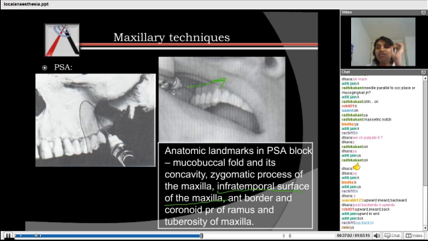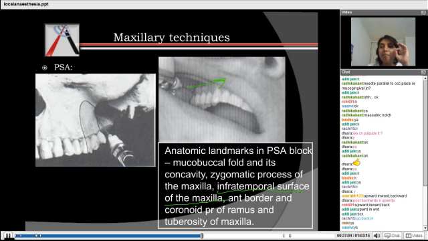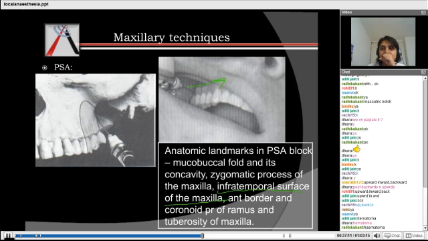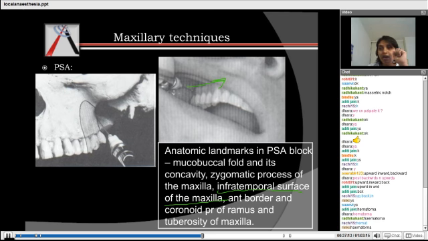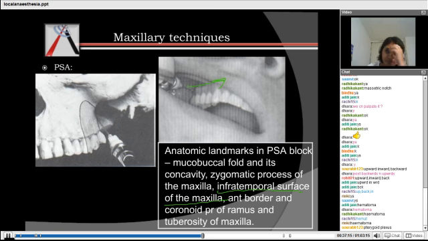Now what is the major problem with PSA? What is the main complication that is associated with PSA? Hematoma. What causes this hematoma?